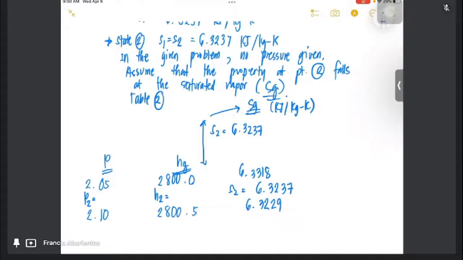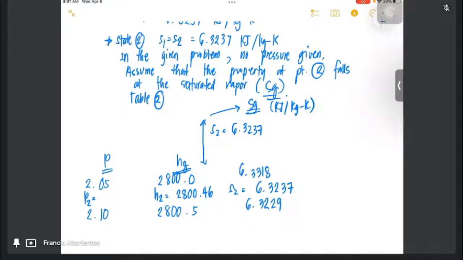Interpolation. So, your H2 now is equal to 0.46. Okay, double check na, class.